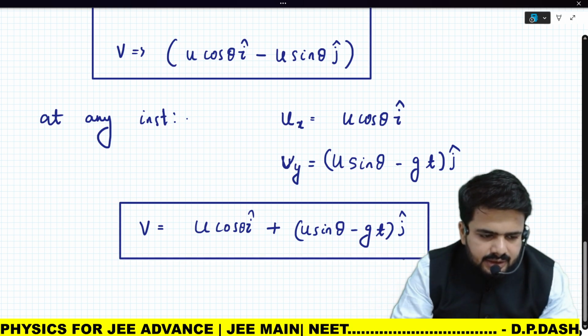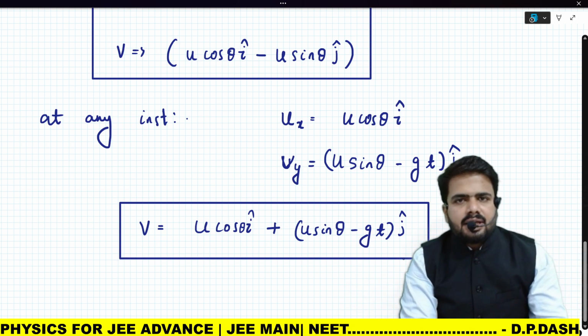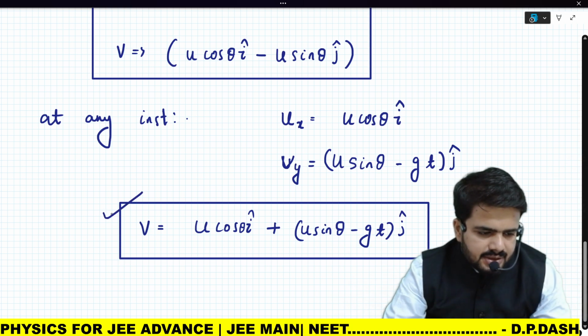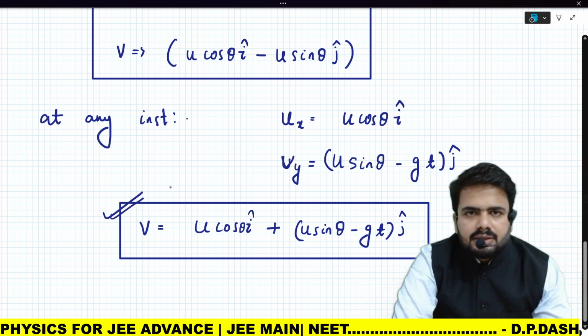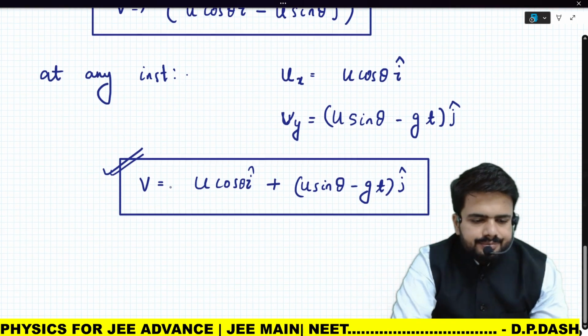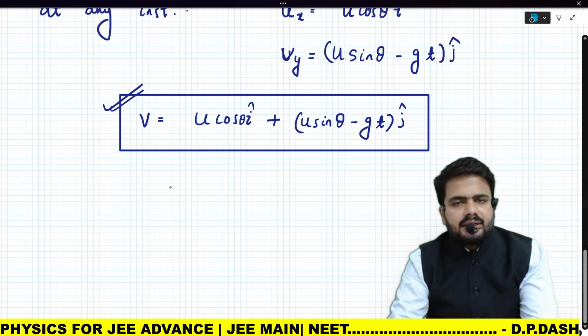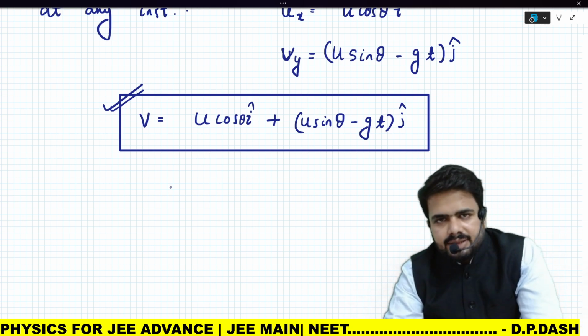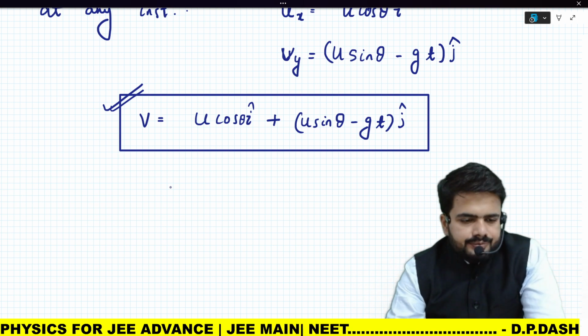Clear? This is the instantaneous velocity equation at any instant. U cos theta i cap is the horizontal velocity plus u sin theta minus gt j cap. Clear? Okay.